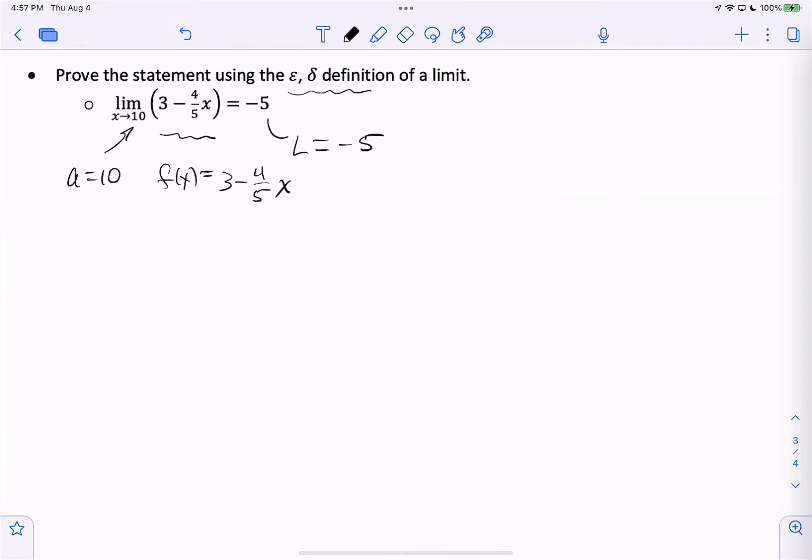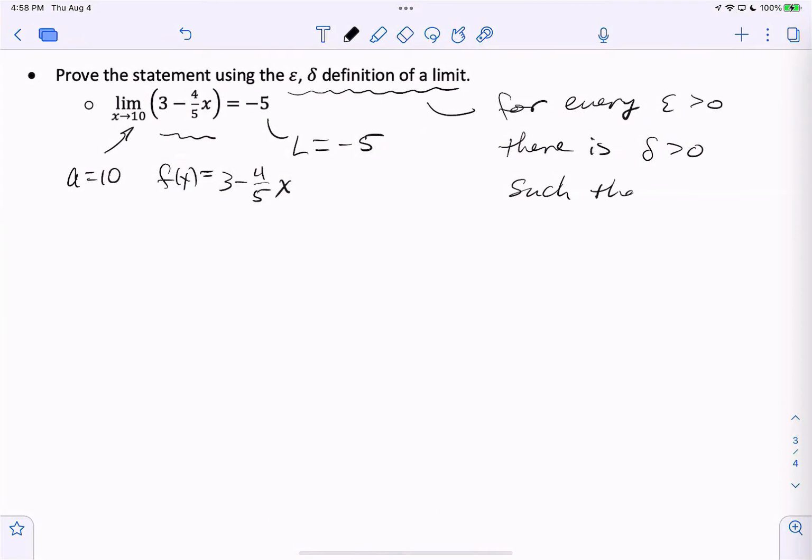Now, folks, the epsilon-delta definition of a limit has, for every epsilon greater than 0, there is a delta greater than 0, such that if the absolute value of x minus a is strictly between, so not equal to, 0 and delta, then the absolute value of f of x minus L should be less than epsilon.